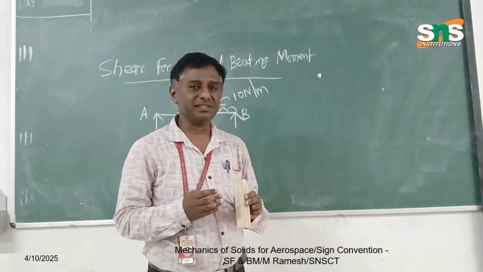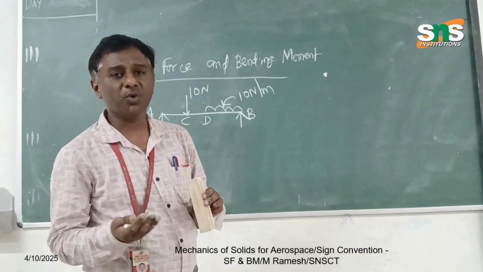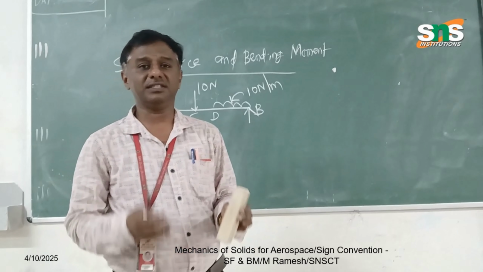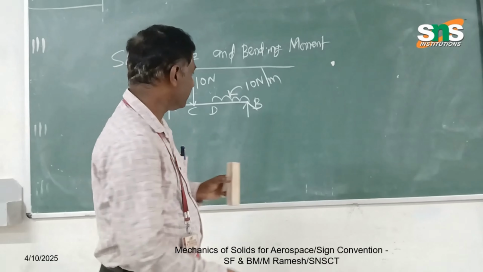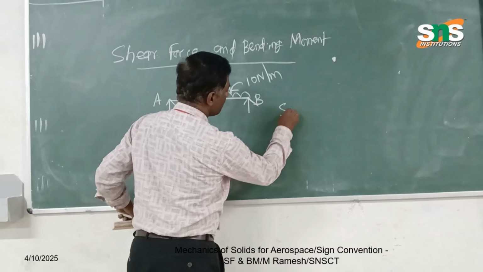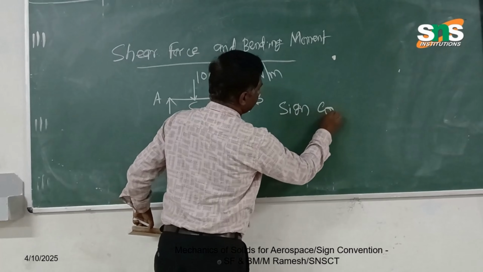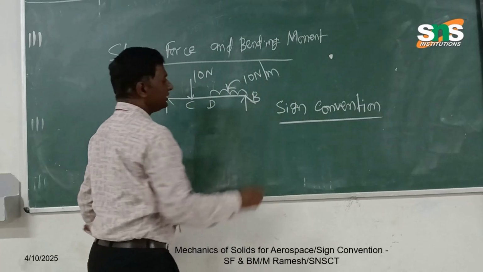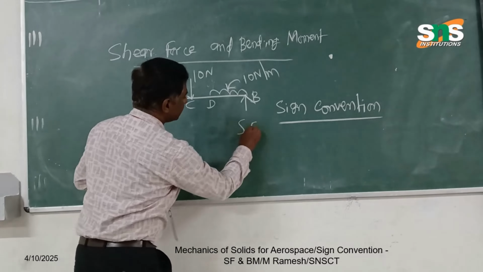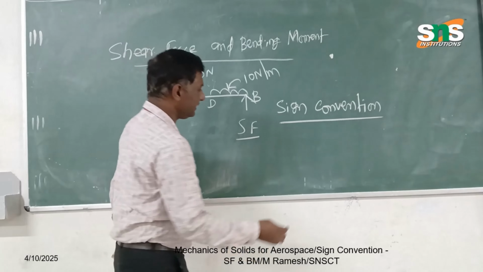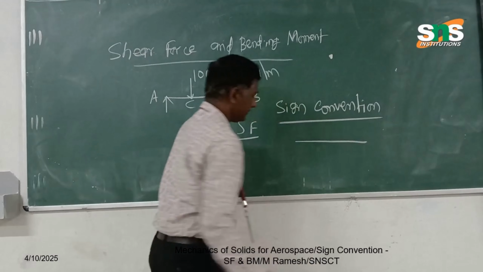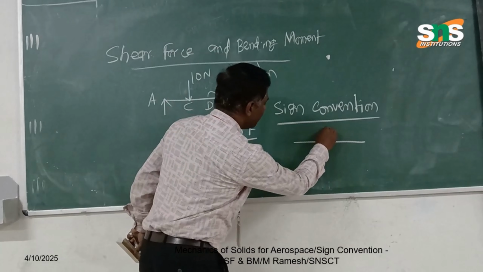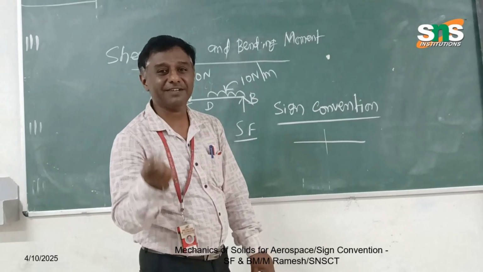And how can we calculate these shear forces? Before calculating these shear forces, we have to know the sign conventions for shear force as well as the bending moment. So this is for the shear force sign convention. Generally, let's take a beam in which we are going to find the shear force at each and every point.